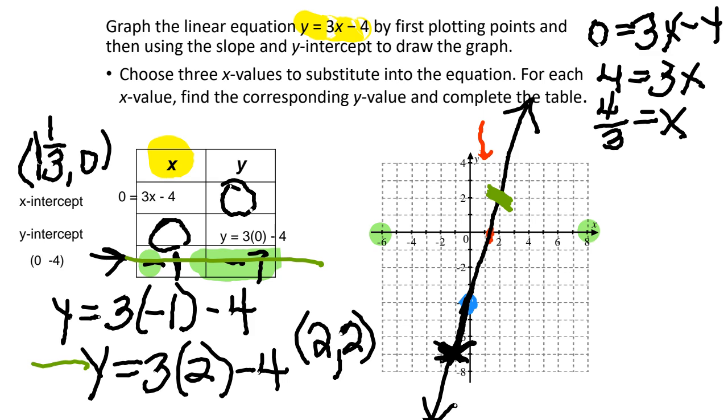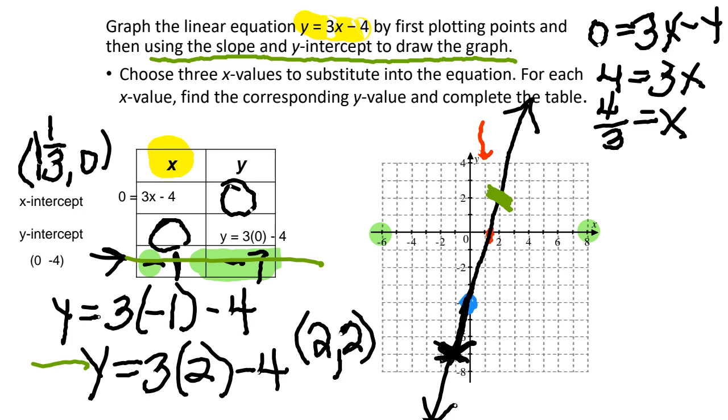Now, something to notice. It then says use the slope-intercept to graph. Okay. Well, let me show you what that means.